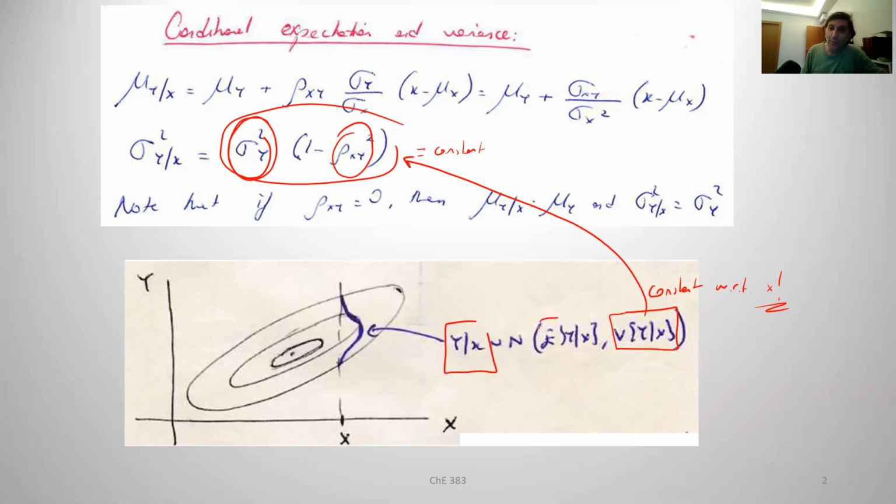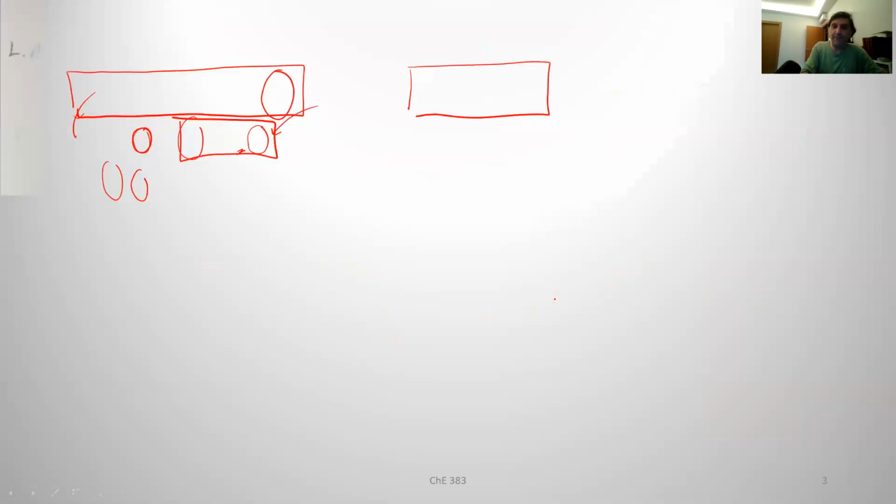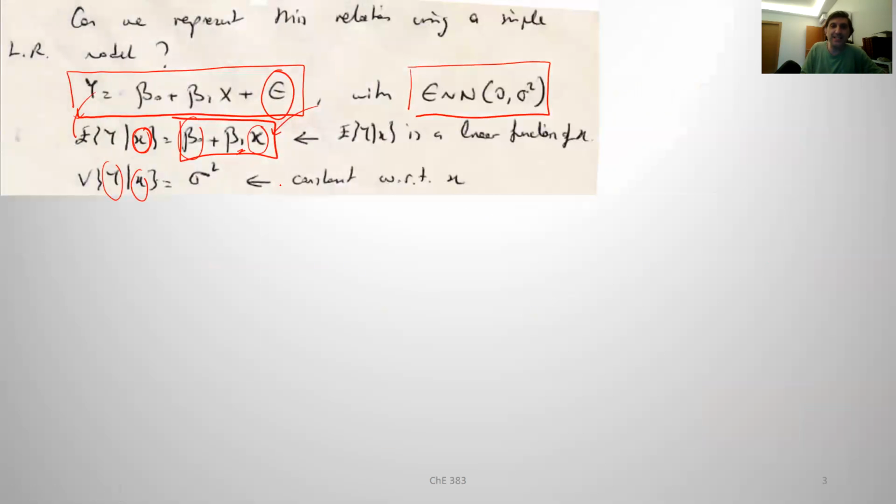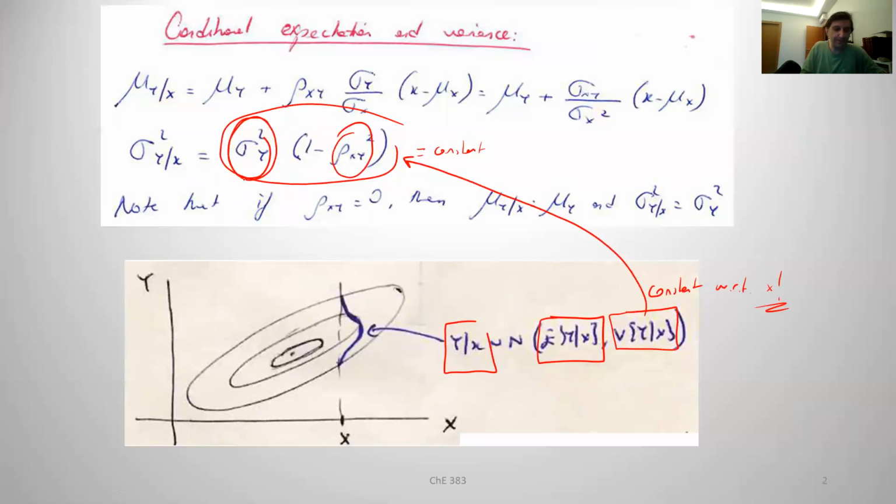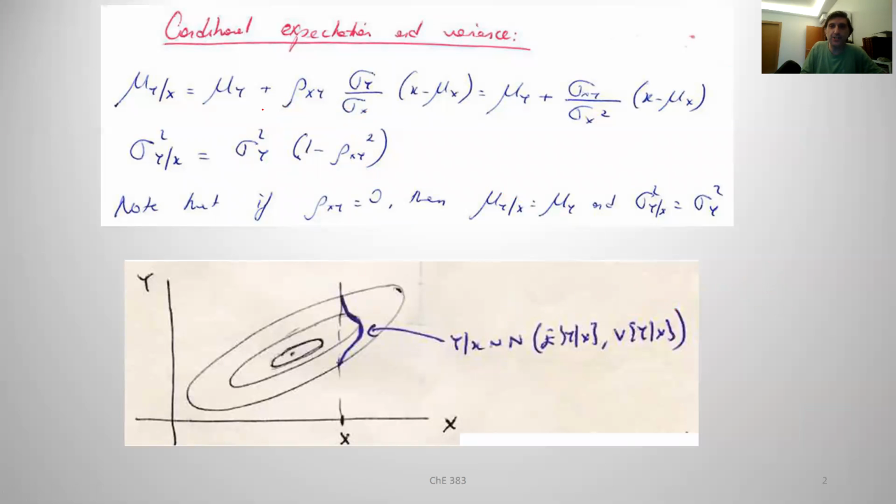Now, the second thing, what about this? For this case, we said that this is basically a linear function of x. Here we have this representation. Note that this is a constant. All of them are constant, except x here. So if you call all of them constant, this is going to be a linear function of x. Therefore, this mu, the expected value of y given x, is actually a linear function.